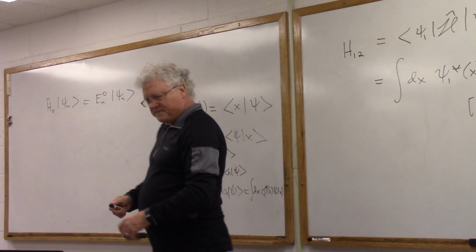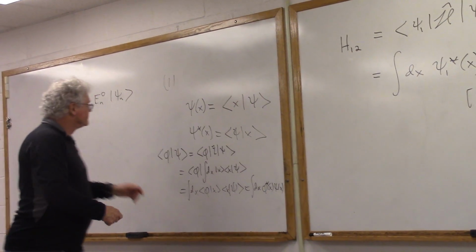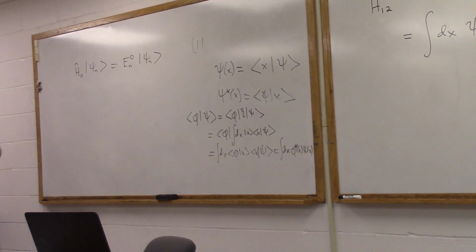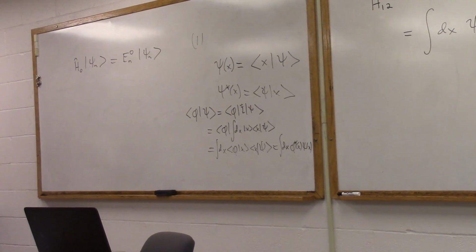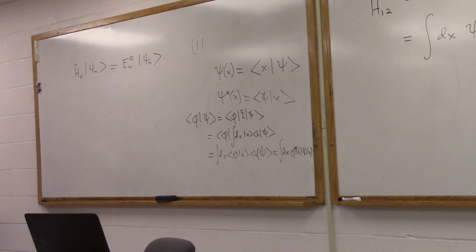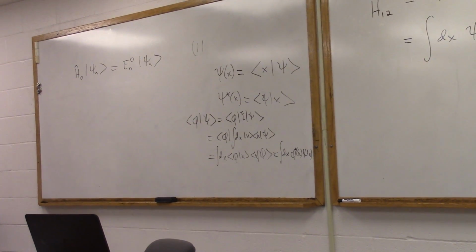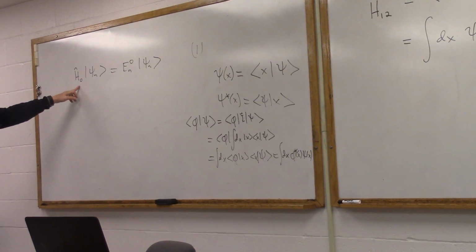By the way, in the case of the particle in a box, that would be the original Hamiltonian that had the square well potential and just a nice flat bottom with nothing else in there.